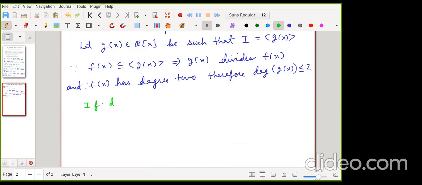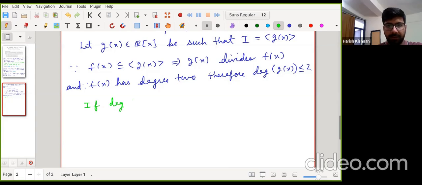So first, if the degree of g(x) is 0, then the ideal generated by g(x) is equal to the entire ring, because then it becomes a non-zero constant.